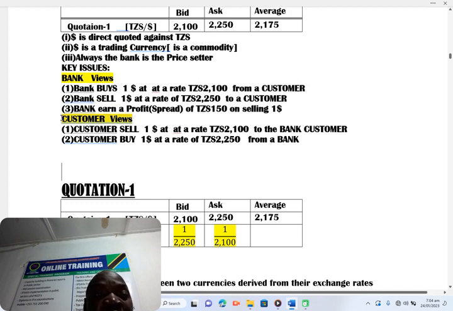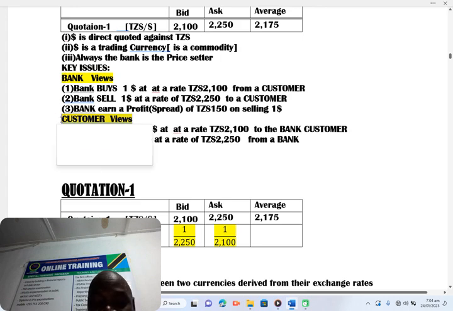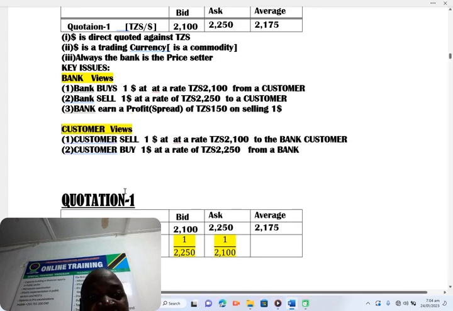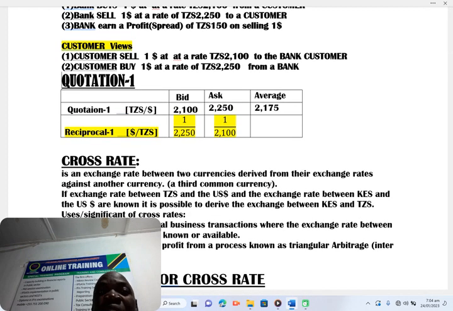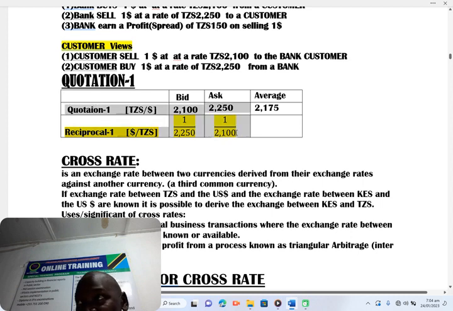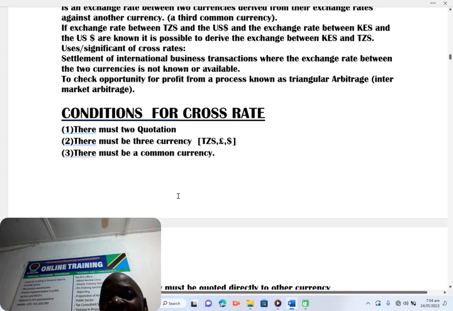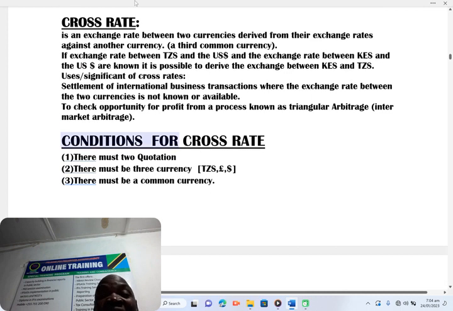So we have the customer's perspective and the bank's perspective. Am I clear? And next we have what? Two-way quotation. And I told you how to get the reciprocal. Am I clear? Now, the second idea I want to explain to you is what you call cross rate.